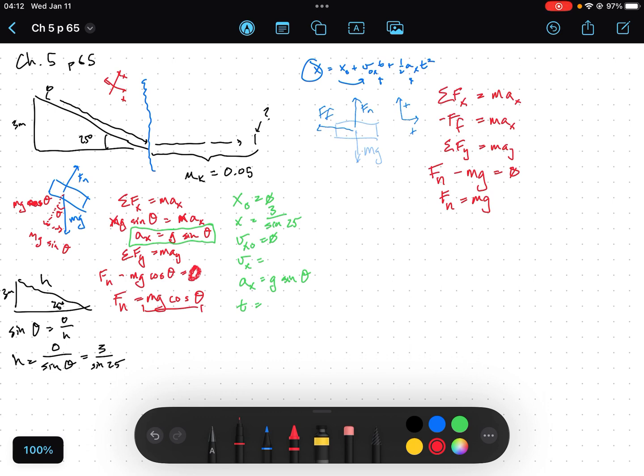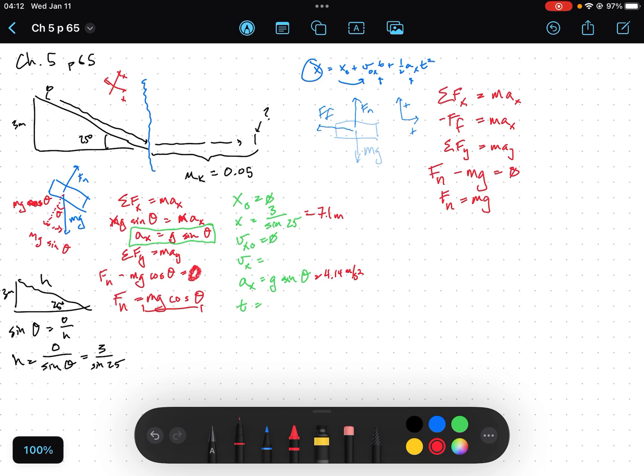The final position here ends up being about 7.1 meters, and the acceleration ends up being 4.14 meters per second squared. And I used 9.8 for g, so if you use 10 for g, you're going to get a slightly different number.